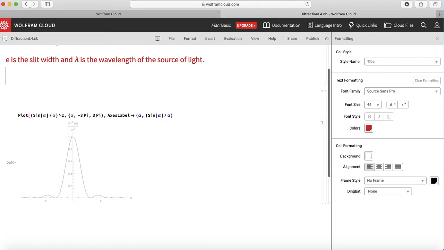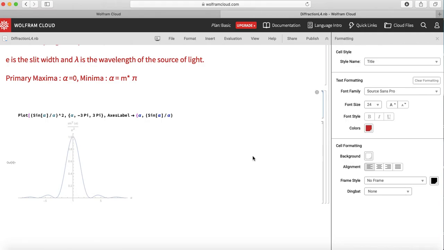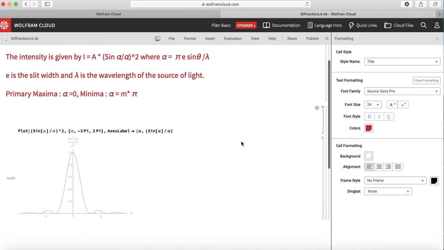So for example I can write here: the primary maximum I will get at alpha equal to 0, and minima I will get at alpha equal to m into pi. These two things we can see from here.